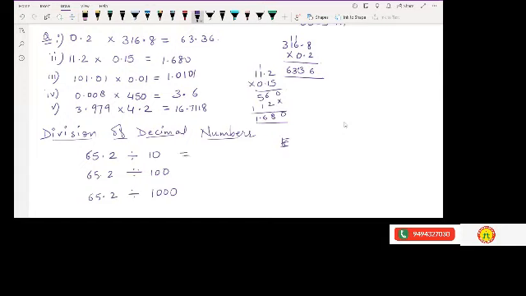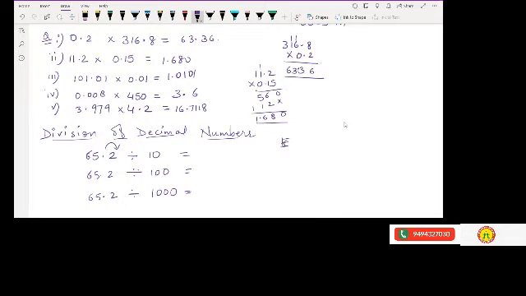Now see, when I am dividing this number by 10, what do I observe here? As in multiplication, when we were multiplying with 10, our decimal point was moving a place towards the right side. It was moving places towards the right with as many zeros as were there. But in case of division, what do we see?